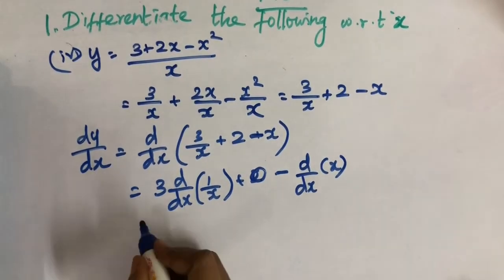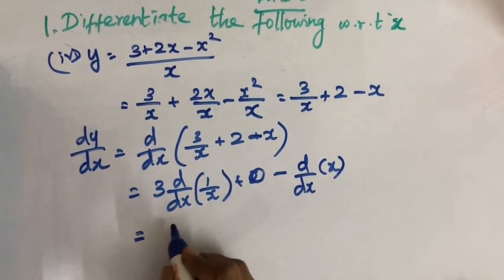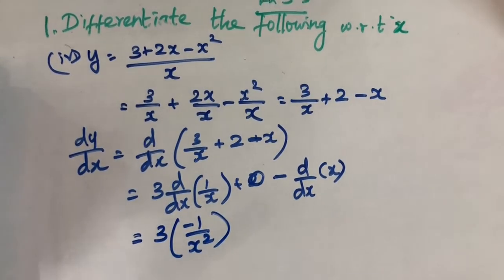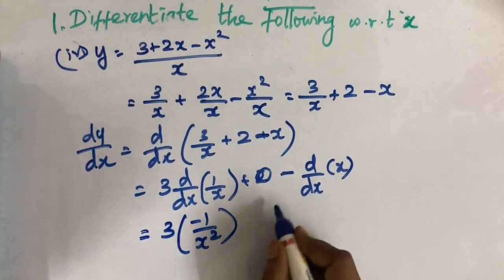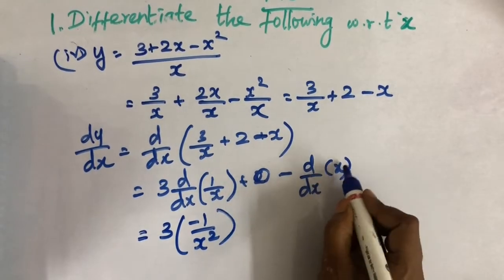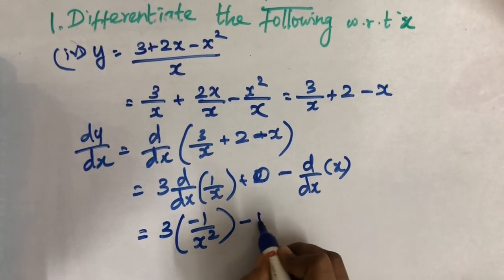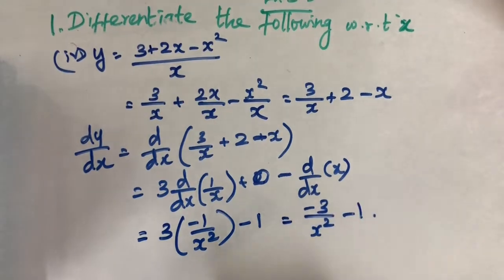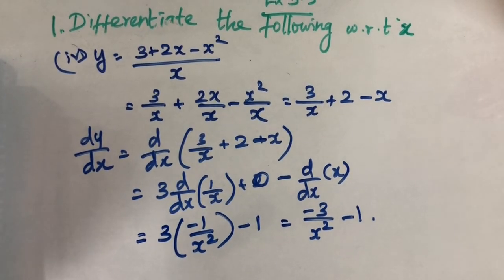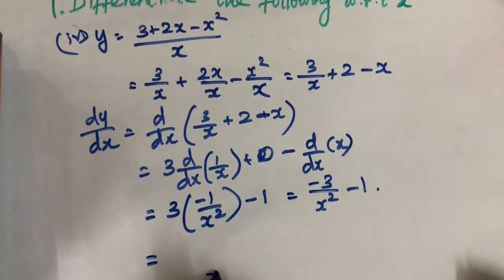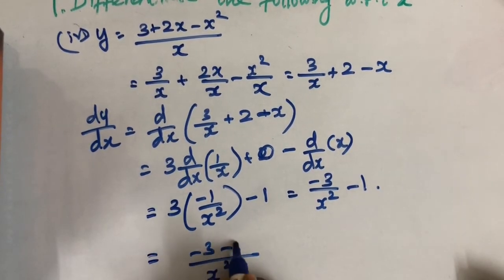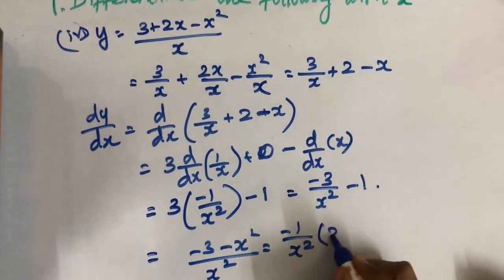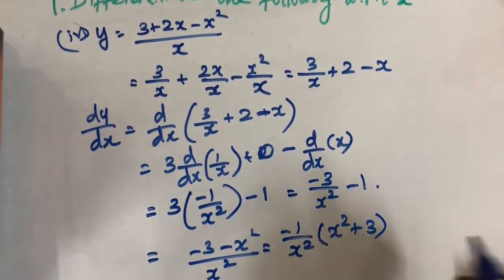That is minus 1 by x square, isn't it? 3 into minus 1 by x square according to the standard results, plus 0, so we can ignore it. While differentiating x, you get 1. So that is equal to minus 3 by x square minus 1. That's the differentiation. If we take x square as LCM, minus 3 minus x square, that is minus 1 by x square into x square plus 3 or 3 plus x square.